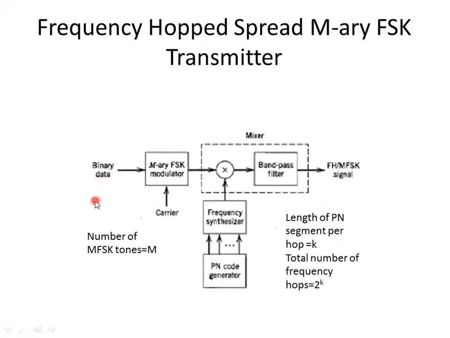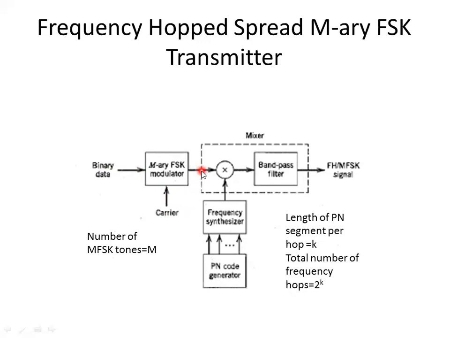So for example here, if we have some binary data and if the carrier frequency used to modulate a particular symbol is F1, then the center frequency will be shifted to F1. Here this is the baseband signal whose center frequency is 0, and after modulating this carrier, this baseband signal will be centered at a frequency F1, because here the carrier used is a sinusoidal carrier of frequency F1 Hertz.